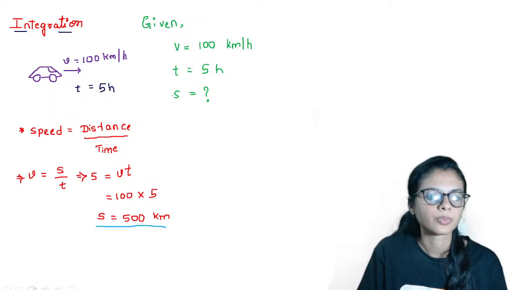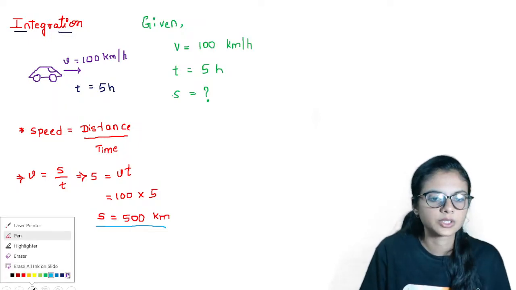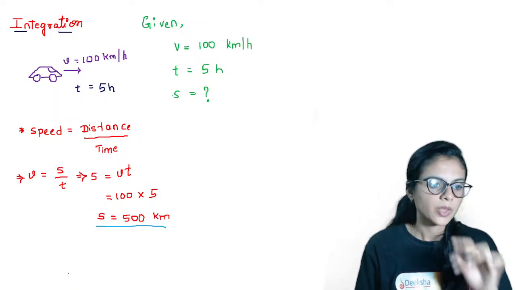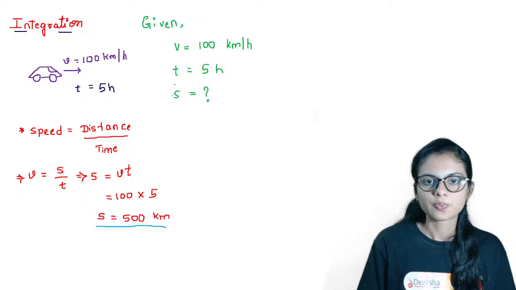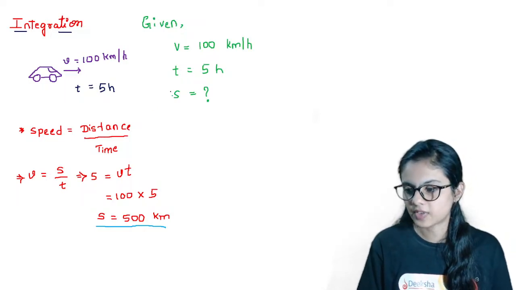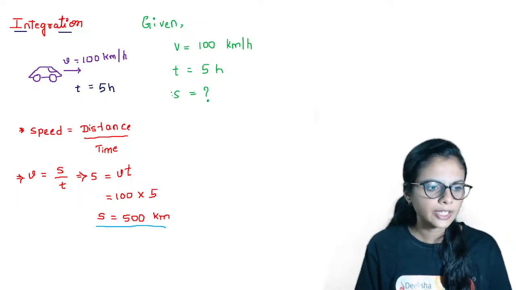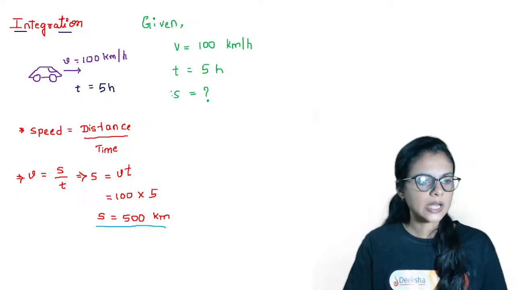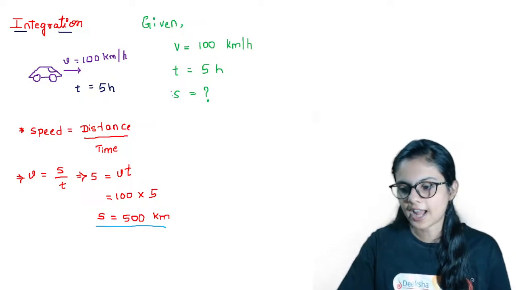This is the answer. Now, the catch over this concept is we know this much calculation. But if they ask us what is the distance traveled at a particular time, so in 5 hours, the distance traveled is 500 kilometers. That's okay.